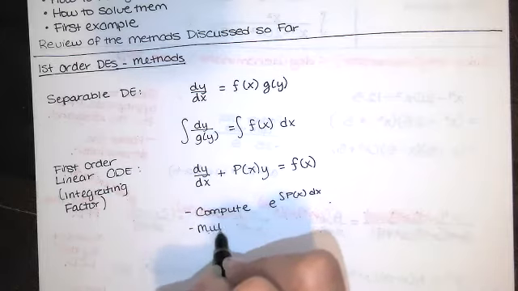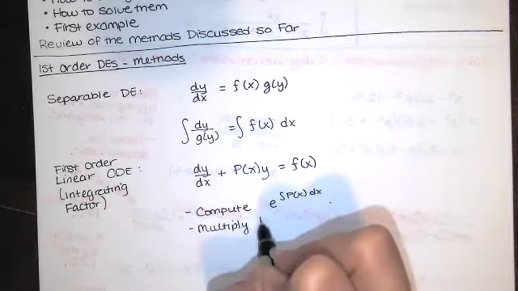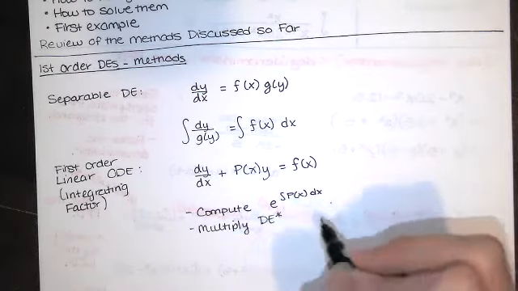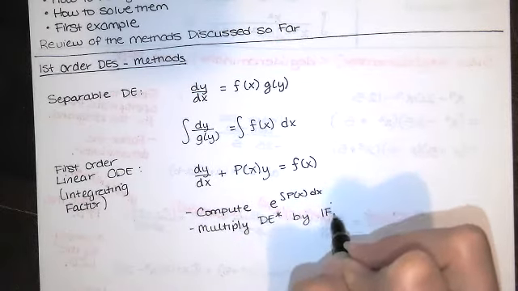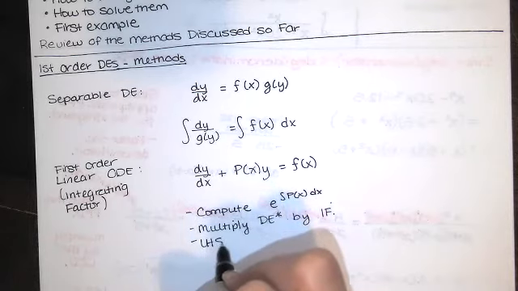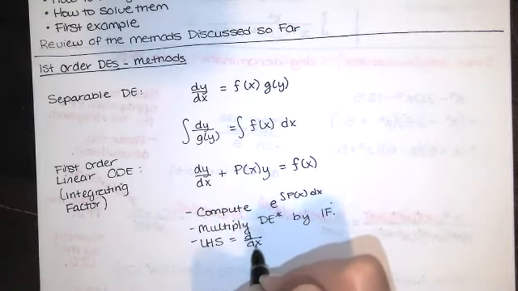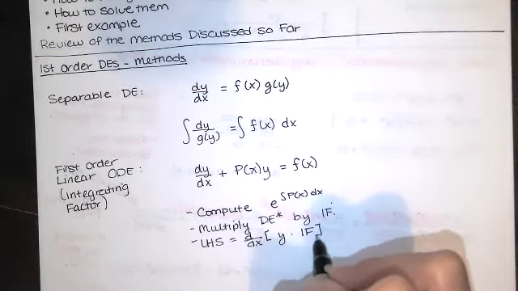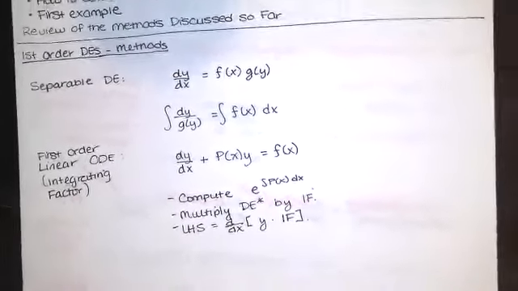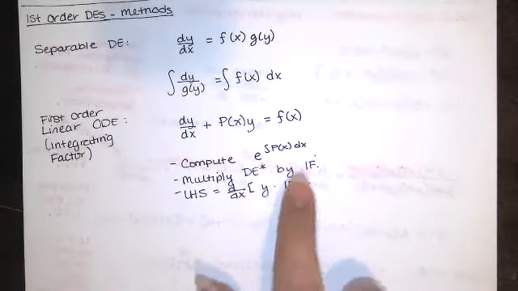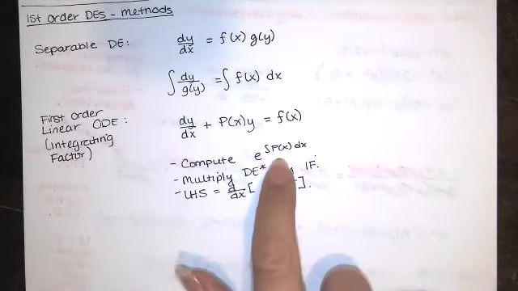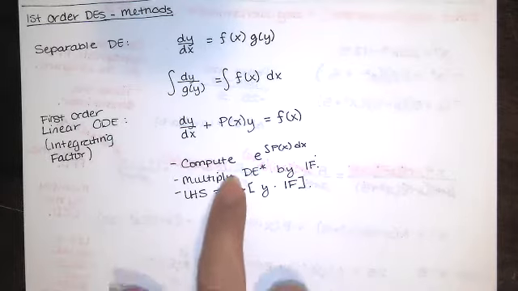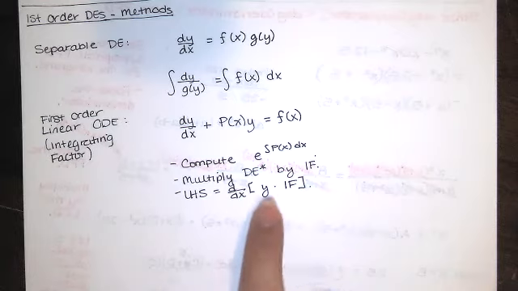Then you're going to multiply the DE by the integrating factor, and it's in this form, so I'm calling it DE star. And when you do that, the left-hand side will always be the derivative with respect to your independent variable of your dependent variable times your integrating factor. That was Bernoulli's brilliant idea. He said, if we multiply this by this, then the left-hand side will be the result of the product rule. It'll be the derivative of this product.